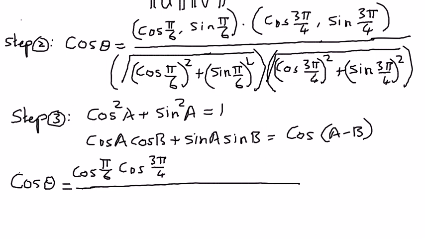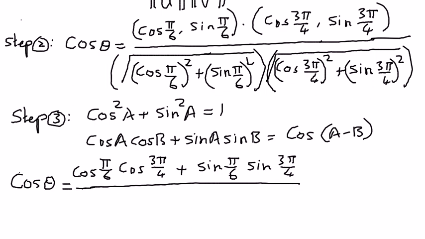We are multiplying the first component of the first vector times the first component of the second vector, plus sine pi over 6 times sine 3 pi over 4.